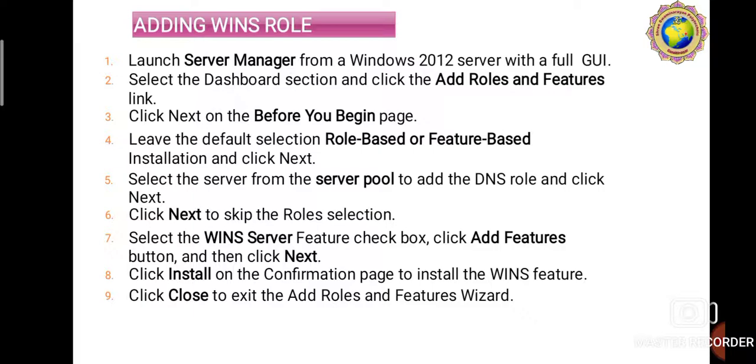Then select the server from the server pool to add the role and click next. Then click next to skip the roles selection. Then select the WINS Server features checkbox, click the Add Features button and then press the next button. Then click install on the confirmation page to install the WINS features and click close to exit the Add Roles and Features wizard.